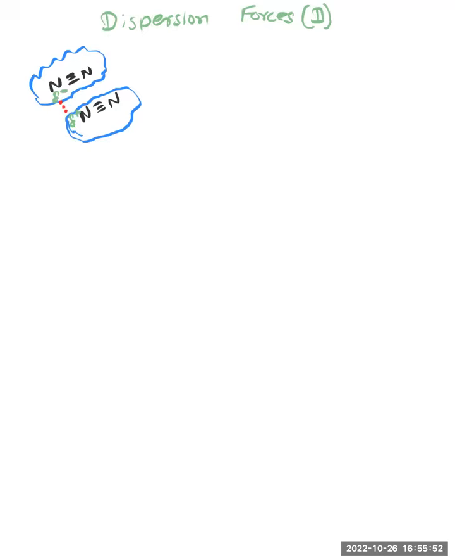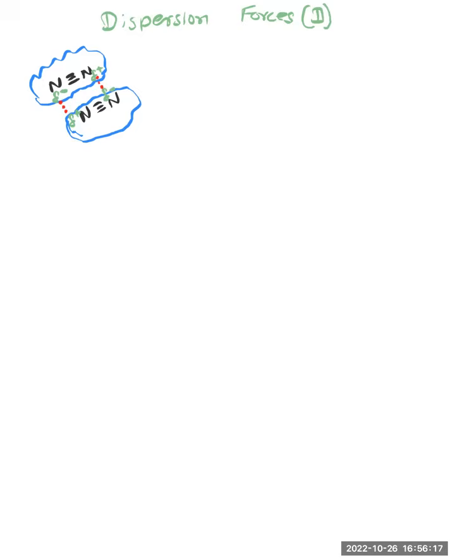And then let's say we have a partial negative charge here and a partial positive charge here. The opposite charges of adjacent or nearby molecules will be attracted to each other, and these attractive interactions are called dispersion forces. And keep in mind, dispersion forces are not just found in non-polar molecules. They are found in any molecule, even in polar molecules.